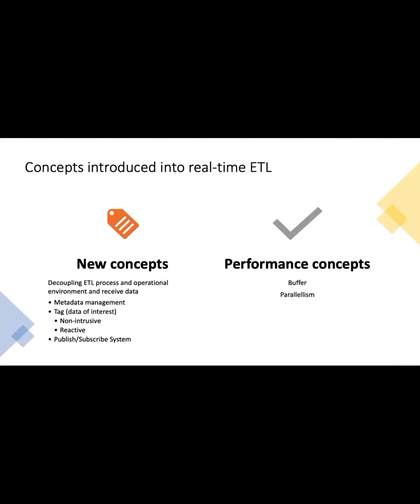This pub-sub system is useful to help us receive data from a heterogeneous environment and, on the other hand, send this data to another heterogeneous environment. That is why we use a publish-subscribe system. And to aid performance, we made use of buffer and parallelism concepts.